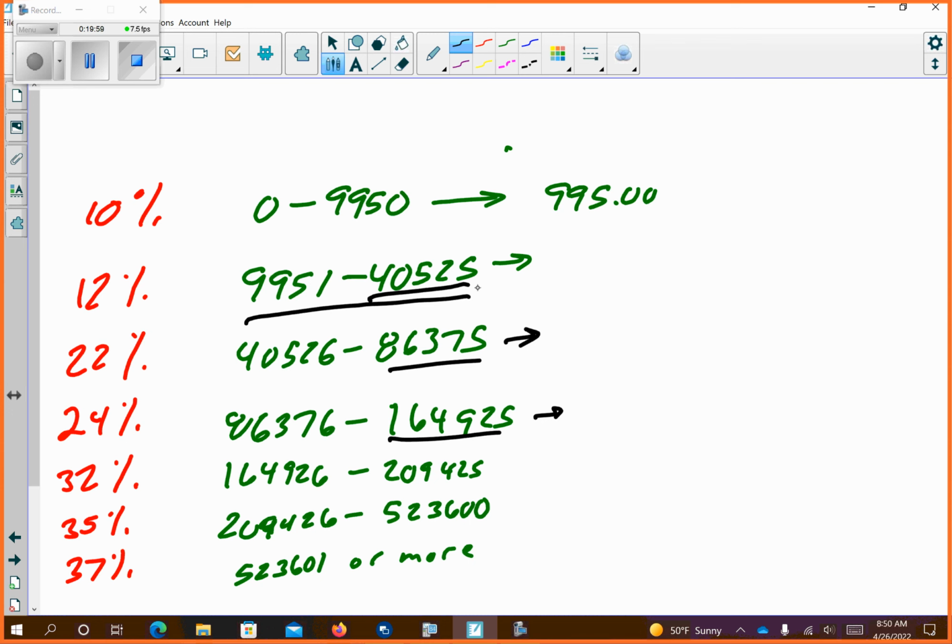So subtract those two. Okay, times 0.12. We won't worry about that. Next one, subtract 40,526 from 86,375. And then once you get that number, tell me what 0.22 of that would be.